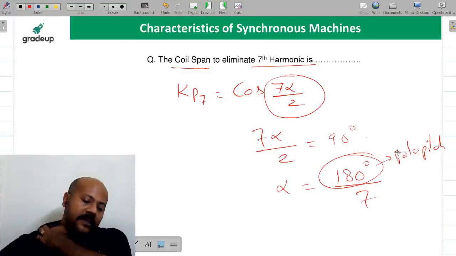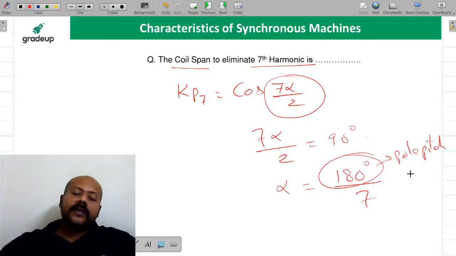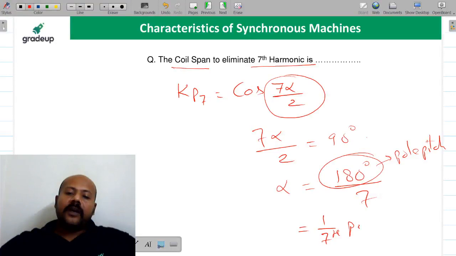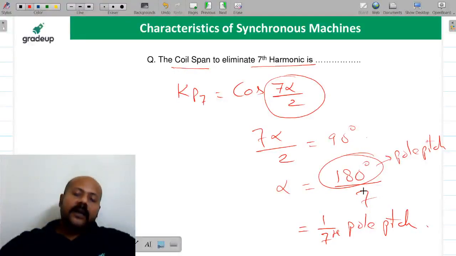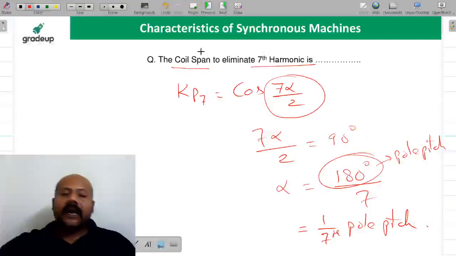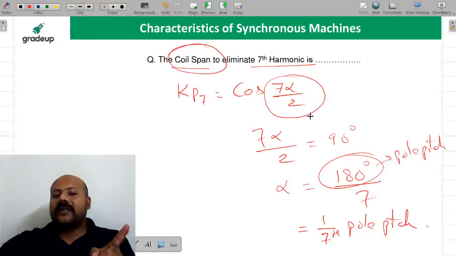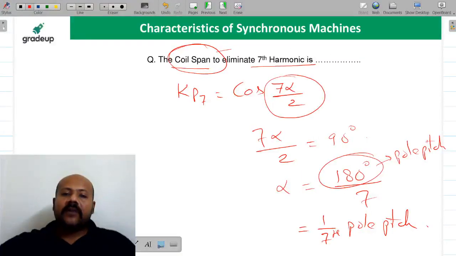Okay, Anik Mitra is giving the exact answer. I am asking in terms of pole pitch. So alpha is going to be 1/7 of the pole pitch. When I asked the question, I was asking for the coil span, and in terms of pole pitch. Why pole pitch?